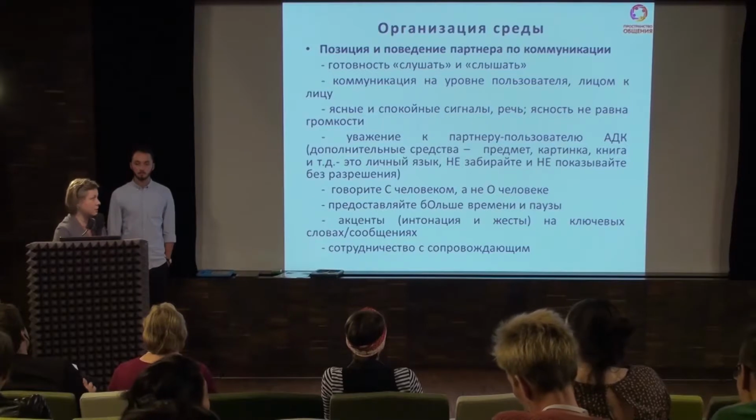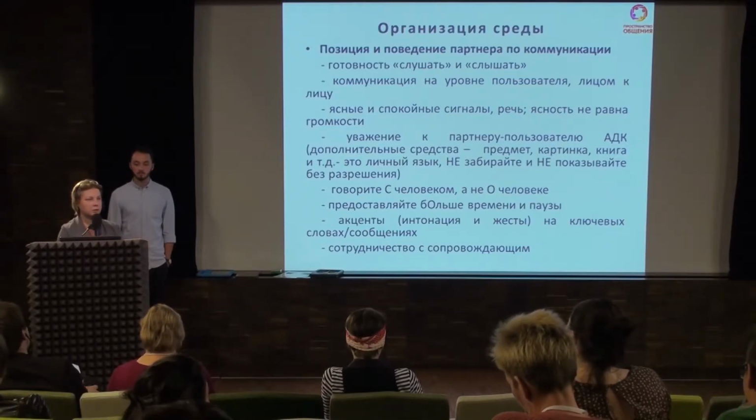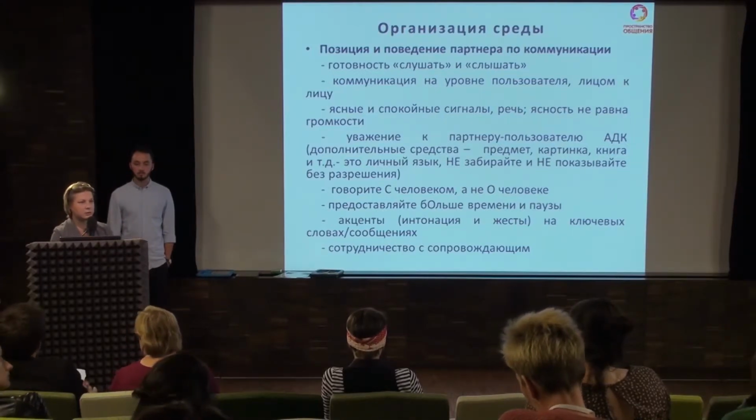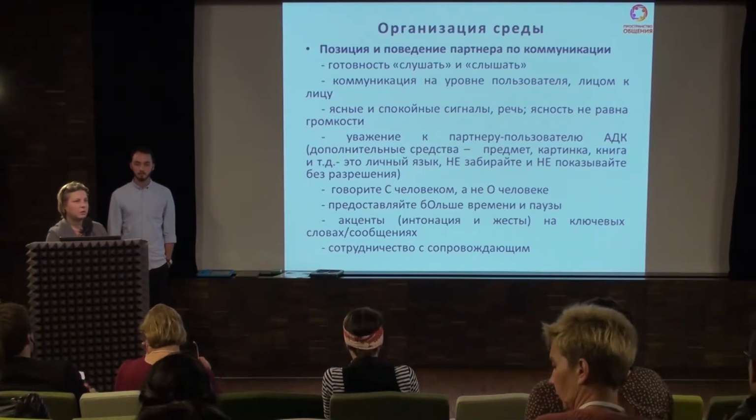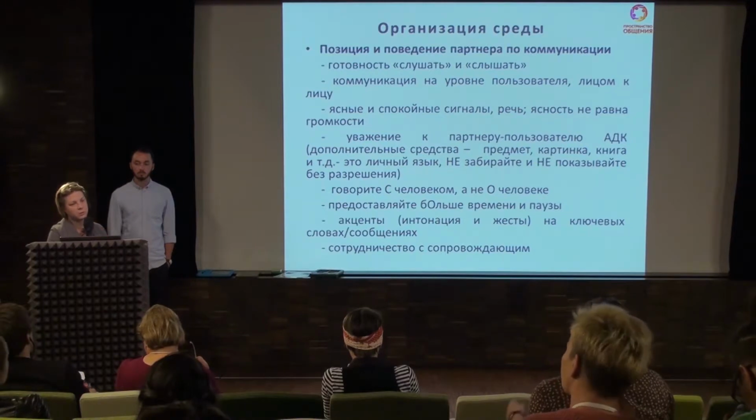This is expressed in physical actions. You face the user of alternative communication. You are at the same level with their face. Sometimes it's not an appropriate stimulus for individuals with autism spectrum disorders, but other users of these communication tools, other people with developmental and learning disabilities, need to see the expression of your face, need to have eye contact.